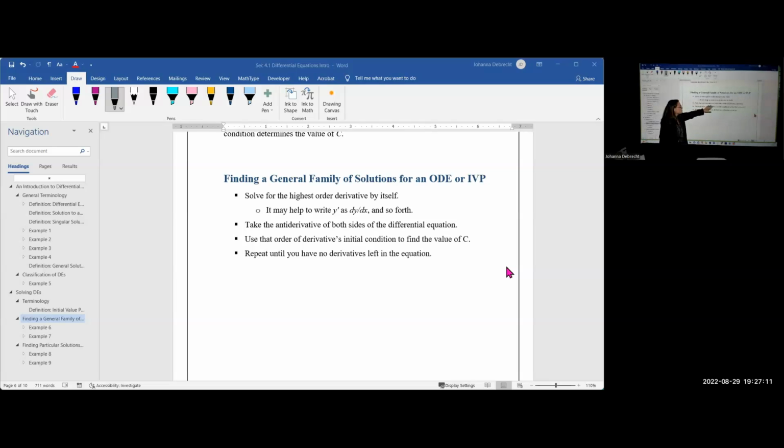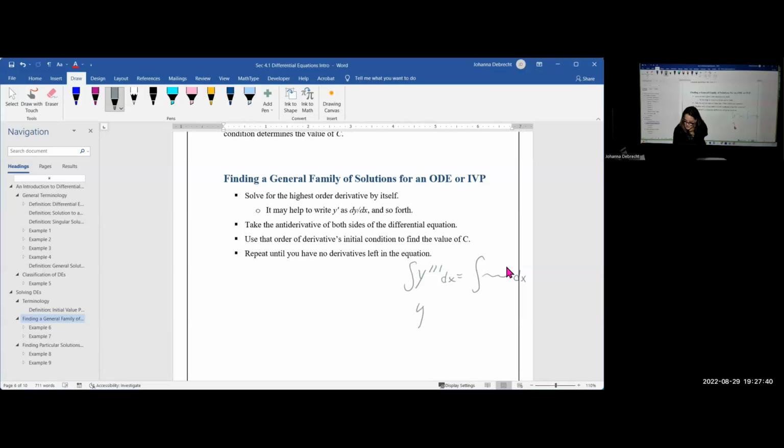Then you want to integrate both sides of the differential equation. So you're going to integrate both sides of the equation, and you're going to use the new order of derivatives initial condition to find the value of c. So for example, if we had a y triple prime and it was equal to a bunch of stuff, we're going to integrate both sides with respect to the independent variable.